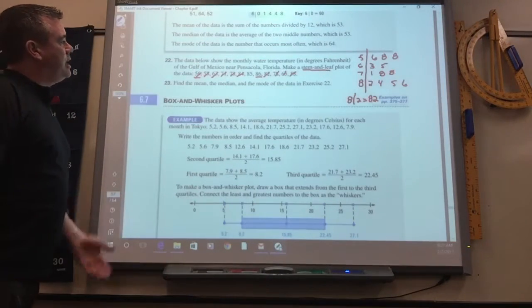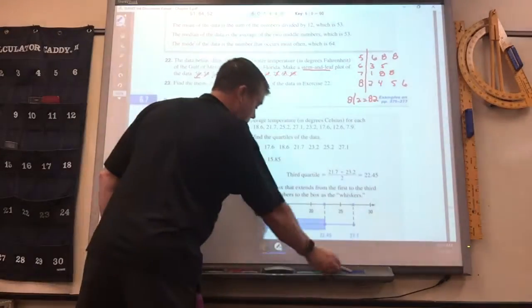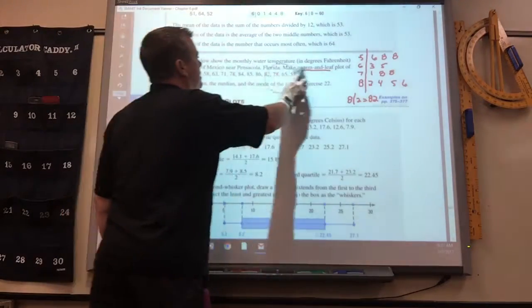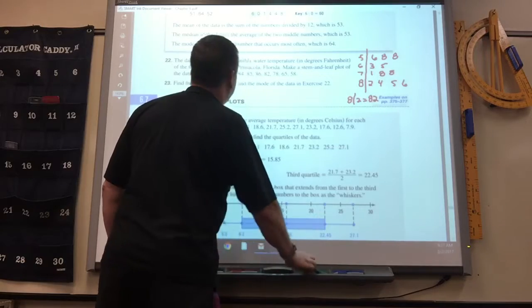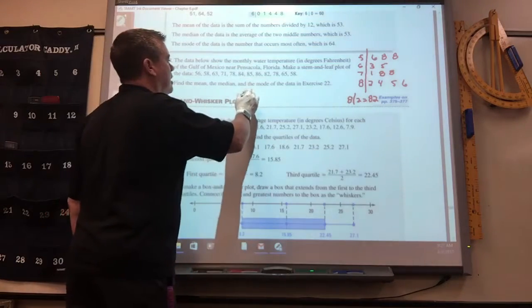Then in 23, you got to find the mean, median, and mode. Well, the mean is you add them all up and divide by how many there are.